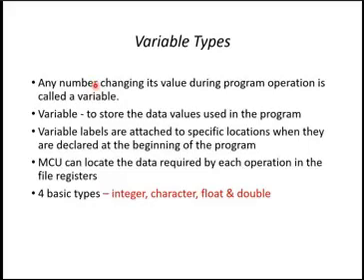So what is a variable? Any changing number. Let's say that the initial number value is 10, and then that number continues to change, rising, increasing. So we call it a variable.